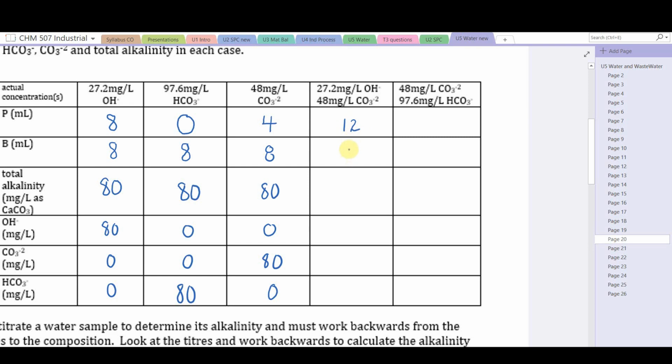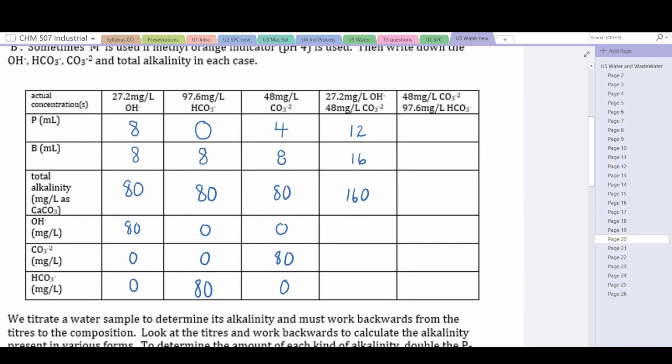Then to get to the bromocresol green endpoint required another 4 mL of acid for the carbonate that was converted to bicarbonate, and then to titrate that bicarbonate. So 12 plus 4 is 16. The total alkalinity is 16 times 10 or 160 milligrams per liter. And 80 milligrams per liter of that as calcium carbonate was hydroxide, and another 80 of it was carbonate, reported as calcium carbonate, no bicarbonate present.